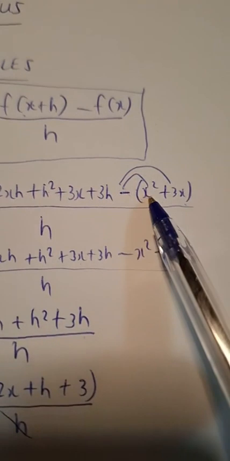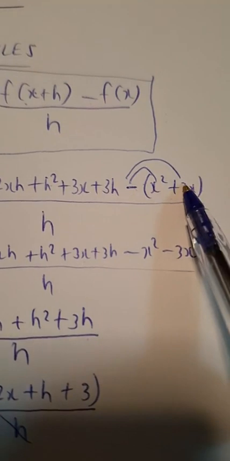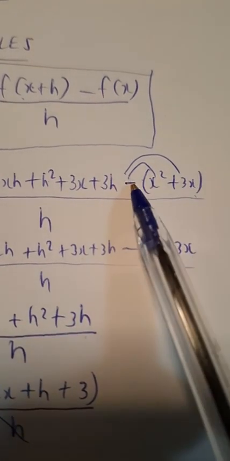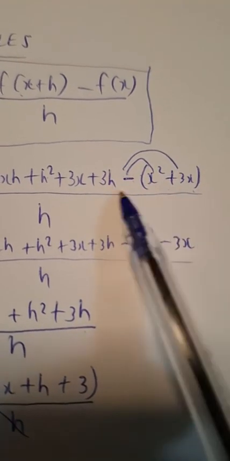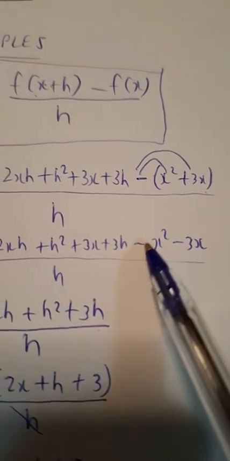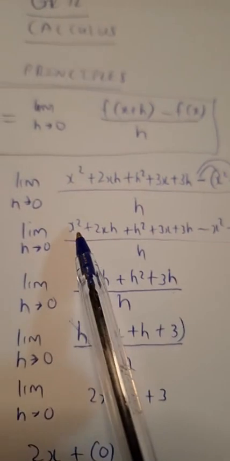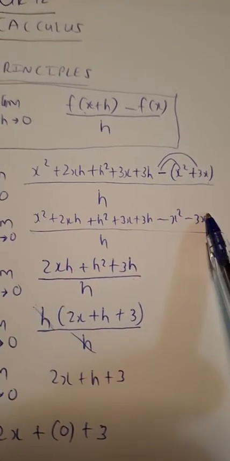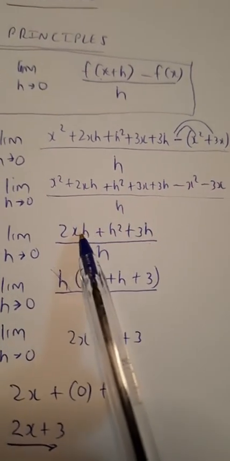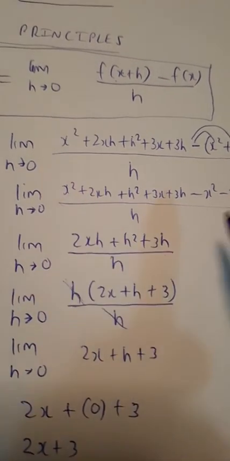So in brackets, we are very careful because the minus sign does damage to everything that's inside this bracket. We make sure that there's the minus sign, we put the bracket, then we distribute the negative sign inside the bracket, which changes x squared to negative x squared, and changes the plus 3x to negative 3x. Then we add and subtract like terms. After adding and subtracting like terms, we make sure that we have the expression that will all have the h's.